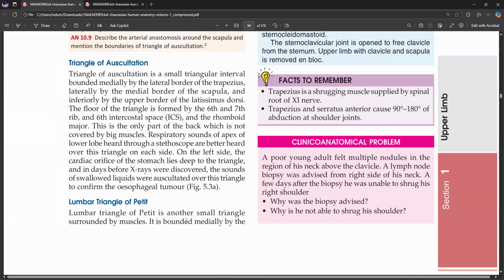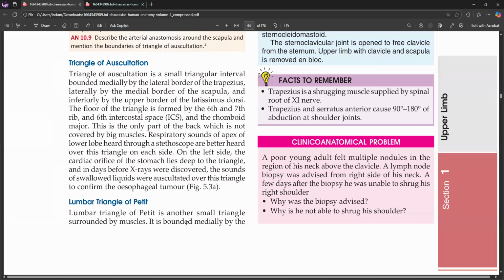Respiratory sounds of apex of lower lobe heard through a stethoscope are better heard over this triangle on each side. On the left side, the cardiac orifice of the stomach lies deep to the triangle, and in days before X-rays were discovered, the sounds of swallowed liquids were auscultated over this triangle to confirm the esophageal tumor.